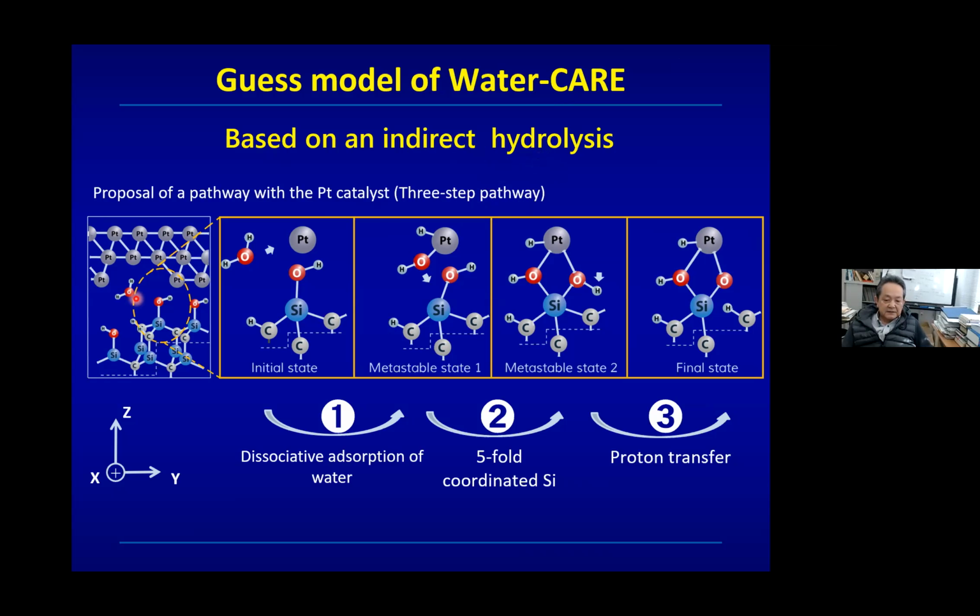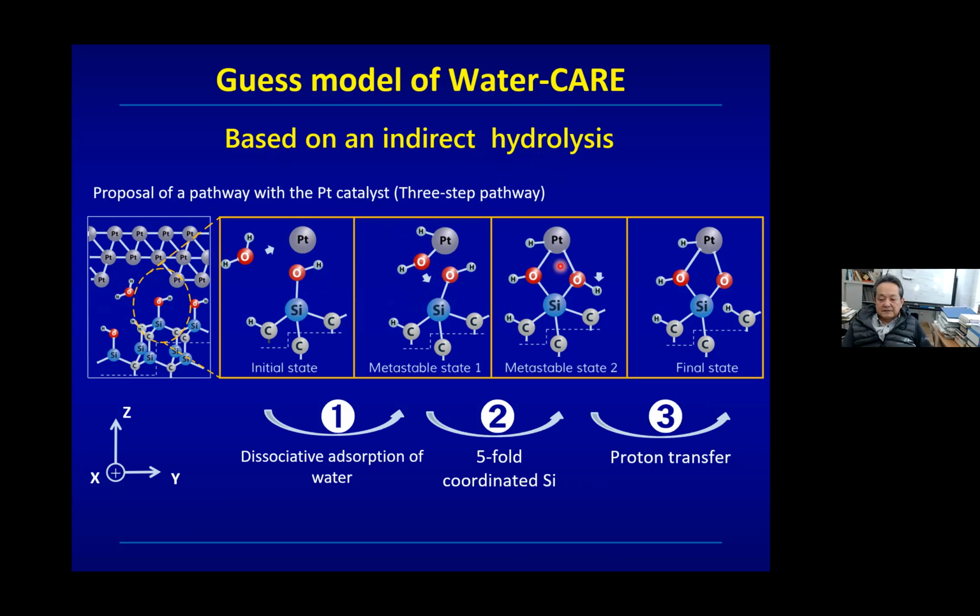As an initial state, there is a water molecule here, and due to the platinum nature as a catalyst, it could be dissociated, and OH minus could adsorb onto the step-edge silicon, due to its strong Lewis base nature with high nucleophilicity.